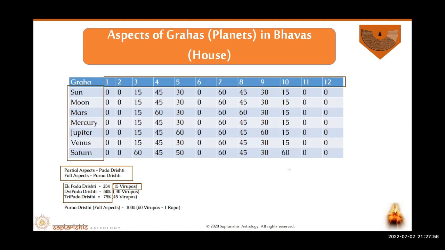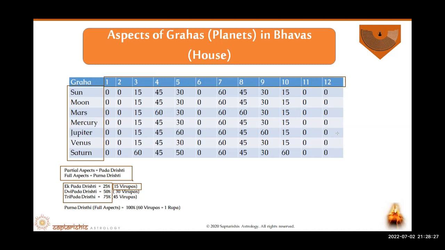It means every planet is not having any kind of aspectual influence or drishti influence on first, second, 6th, 11th, 12th. This table is giving this hint. Now you see some numbers in 3, 4, 5, 7, 8, 9, 10.